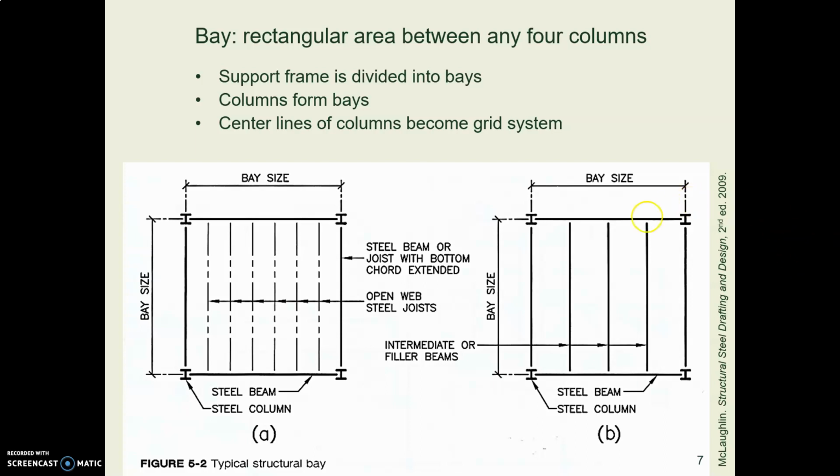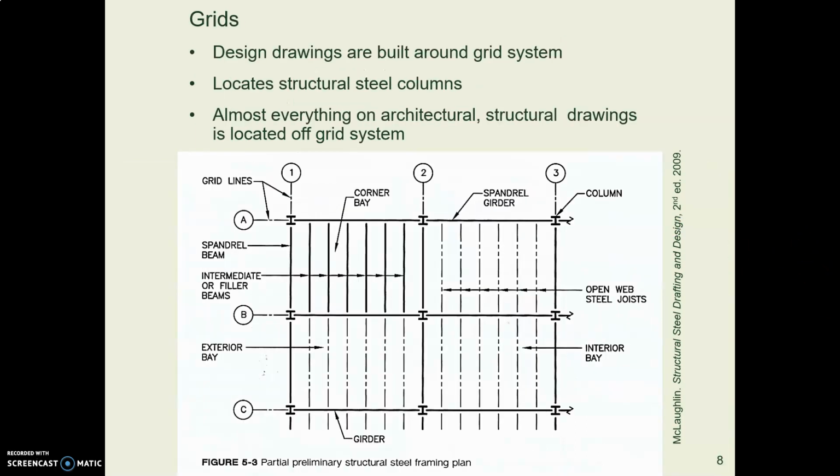So the more we can make these bays modular, so many of them are the same, the less inventory we'll have to carry and the fewer drawings we'll need, and the easier it will be just to assemble the whole thing. So these column center lines that make the corners of the bays become these grid lines.